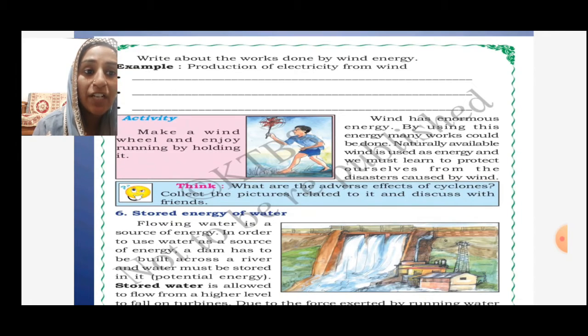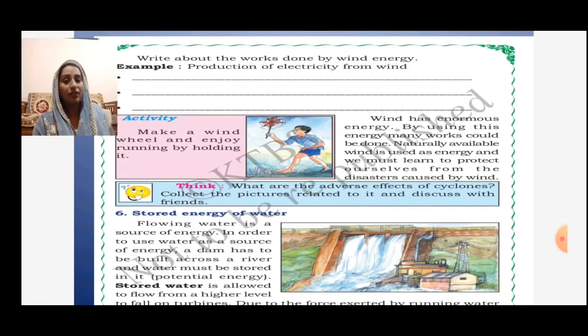Naturally available wind is used as energy, and we must learn to protect ourselves from the disasters caused by the wind. The wind causes a lot of destruction also, like the cyclonic effect. Cyclone means a large wind comes, a round wind, and it causes a lot of destruction.